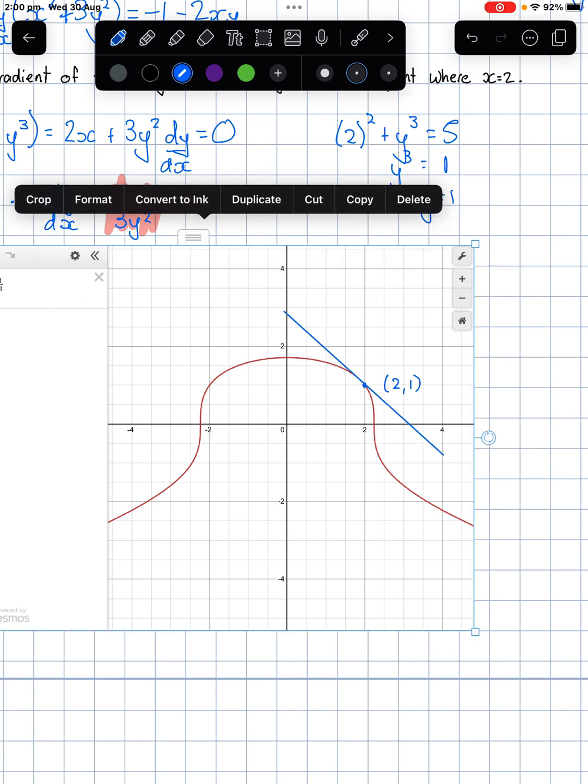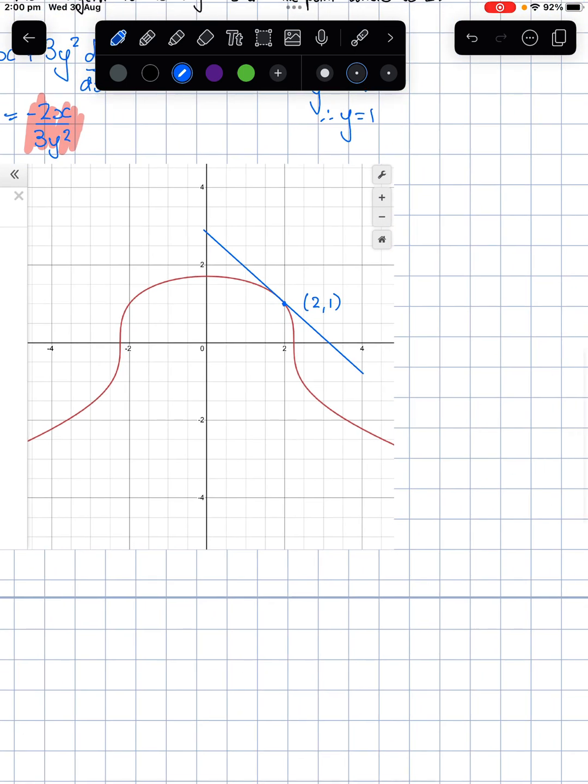So that's this tangent here that we're expecting, and the gradient will equal -2 times our x coordinate of 2, over 3 times our y coordinate squared, which is 1 squared, which means we're looking at -4 over 3.